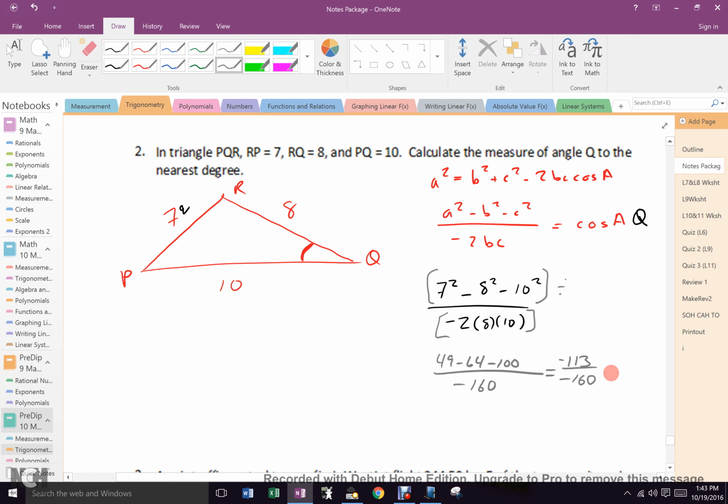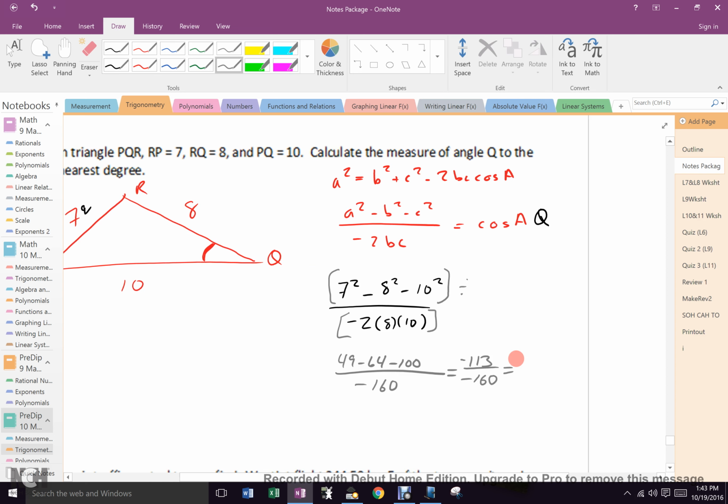Now I got to go to my calculator because that's going to get me a positive decimal, isn't it? Everybody good? Once you have your positive decimal, which is, remember, I'm doing this step by step. It's negative 115, not 113.